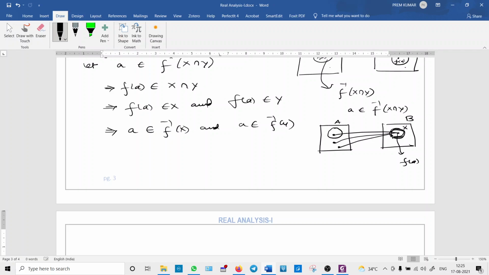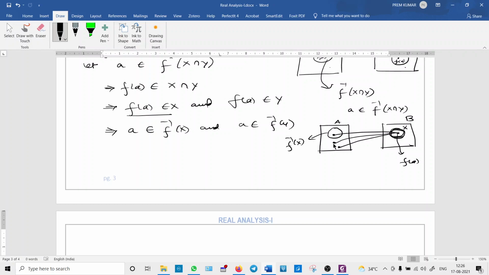So definitely, suppose f of A belongs to X, then its pre-image, that is A, must belong to f inverse of X, definitely.